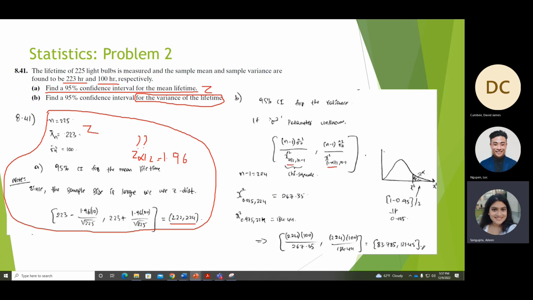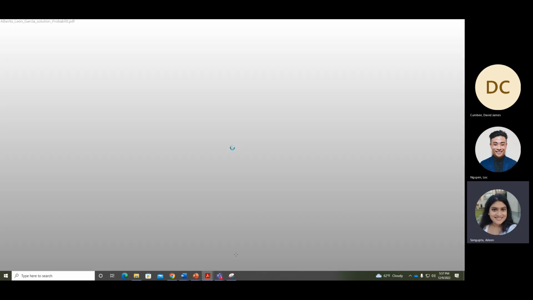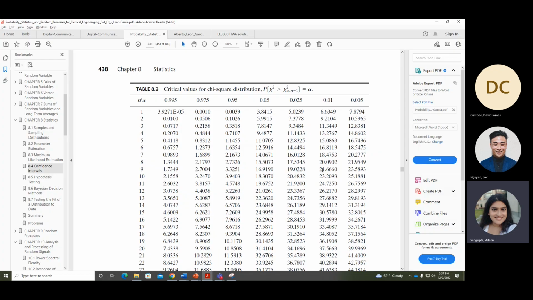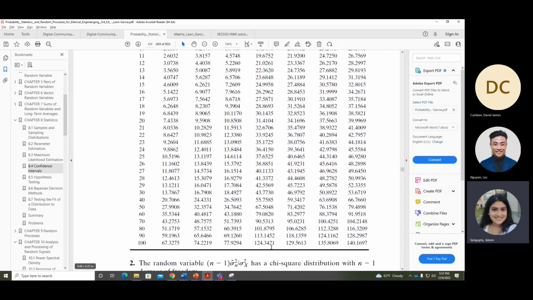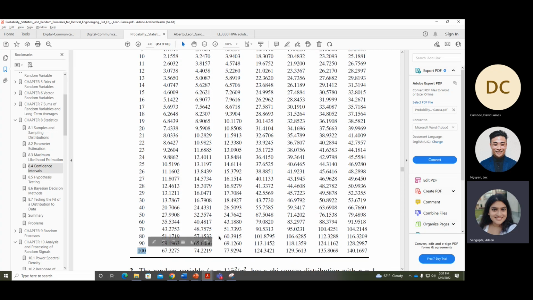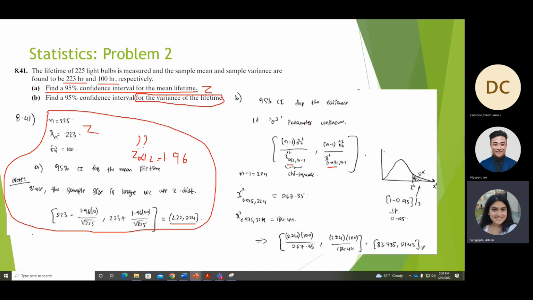Now, here is an important point though. If we give you values that are not in this specific lookup table. So if you see the lookup table and the degrees of freedom that you have for this specific value of 100, you will see that it's only till 100, right? Now, what you have found out is basically some value of n minus 1 is 224, right?